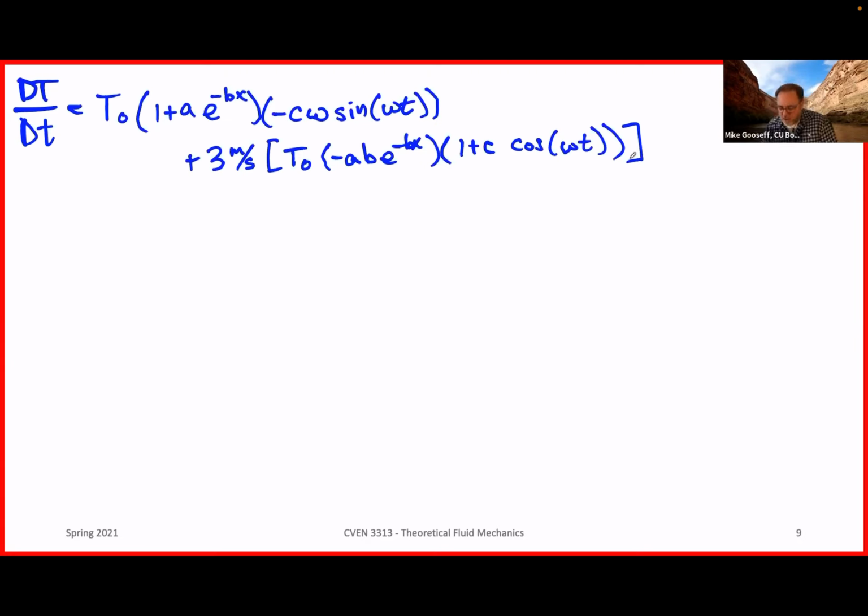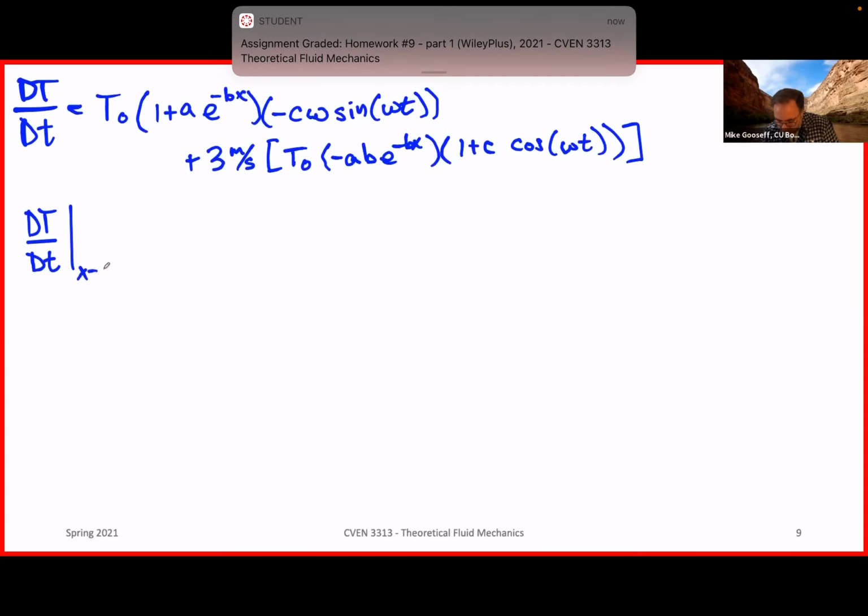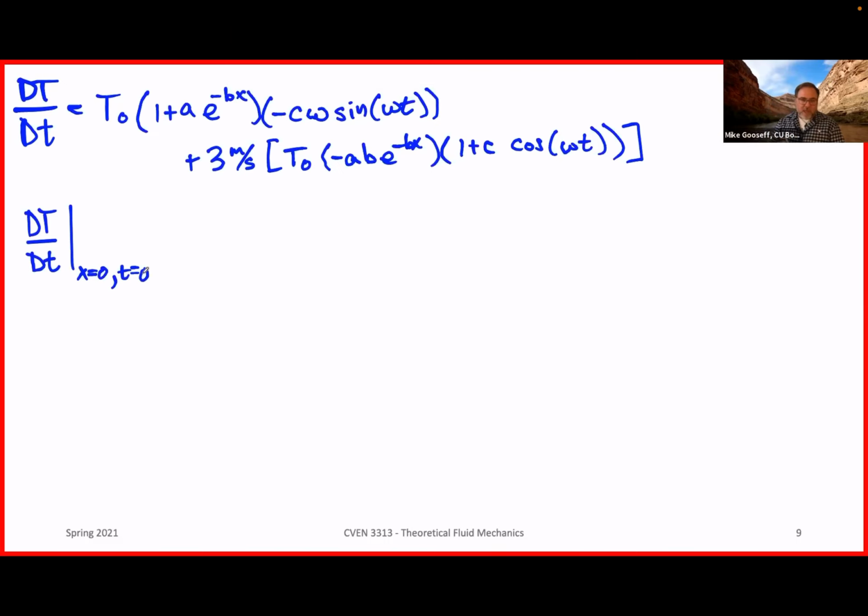Okay, so now we can do the slightly tedious step of evaluating this derivative at x equals 0, t equals 0. When we plug in x equals 0, t equals 0, e to the 0 just gives us 1, right?